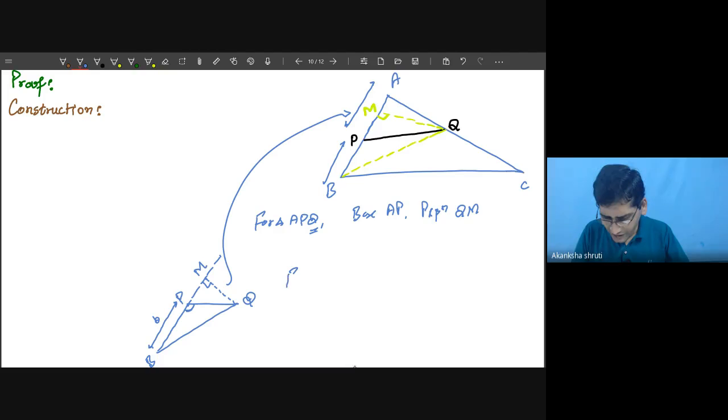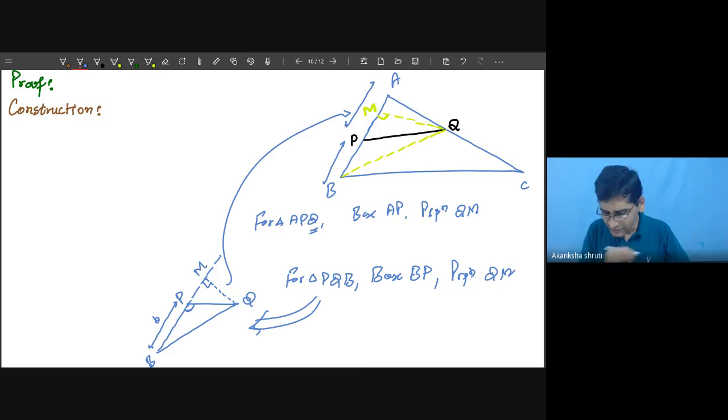So even for triangle PQB, the base that we are going to consider is our BP, and in this case the perpendicular will again be our QM. This situation is like this.